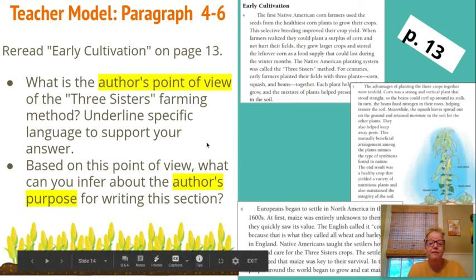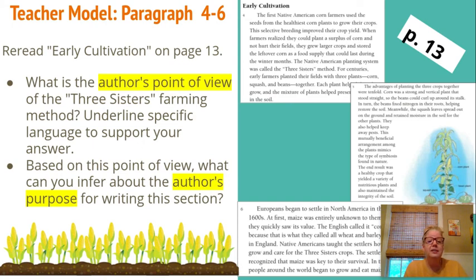What we're trying to find out here is, what is the author's point of view of the Three Sisters farming method? If we see any specific language to support our answer, we can underline it. And based on our point of view, what can we tell about the author's purpose for writing this section of the story? Okay, so let's take a look at this section of the text again.